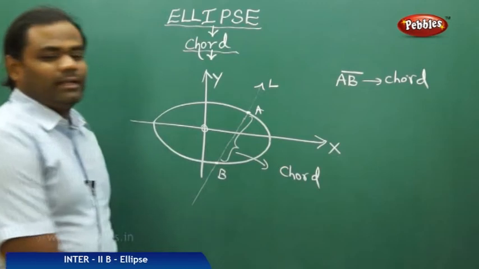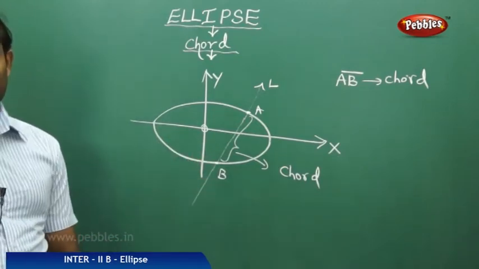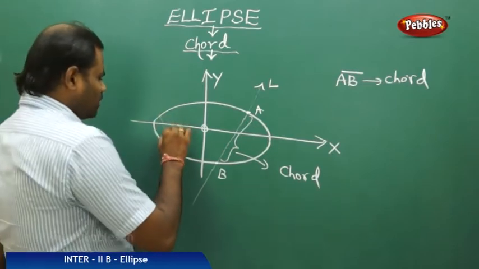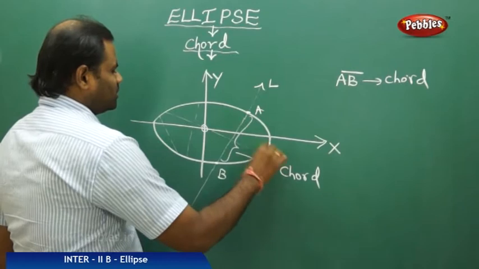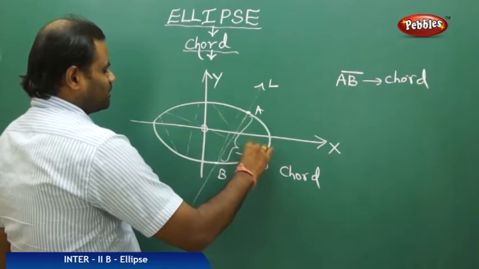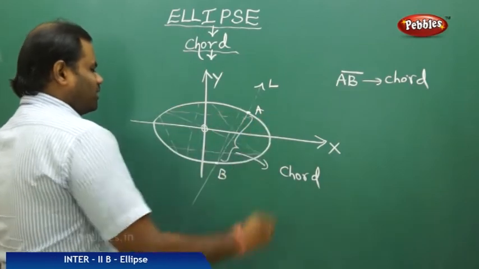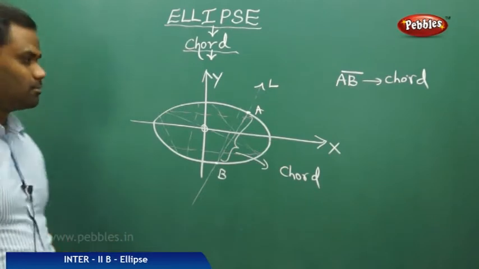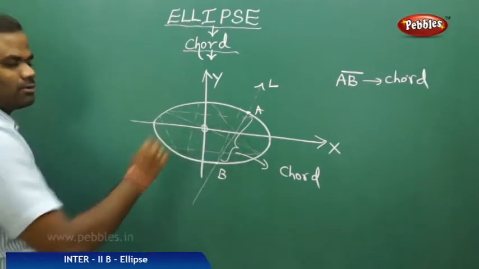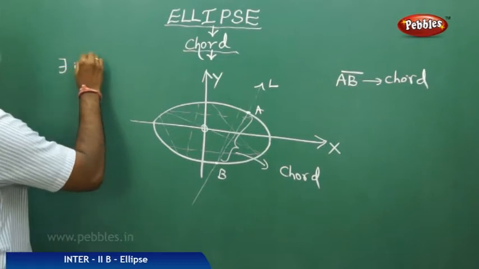AB is the chord of the ellipse. So we have infinitely many chords which exist in the ellipse. You have a chord passing here, a chord passing here, a chord out here, and here. There are infinitely many chords inside the ellipse because there are infinitely many points on the ellipse.